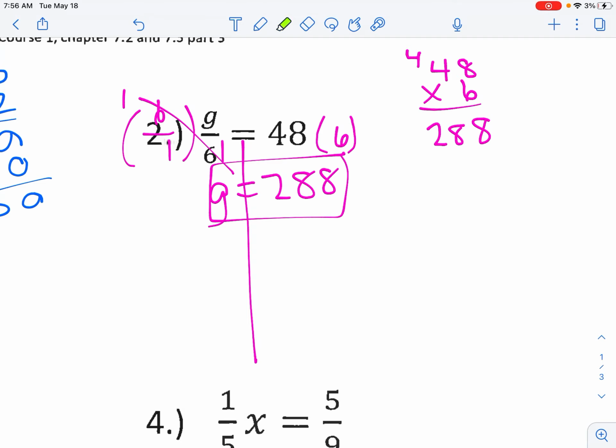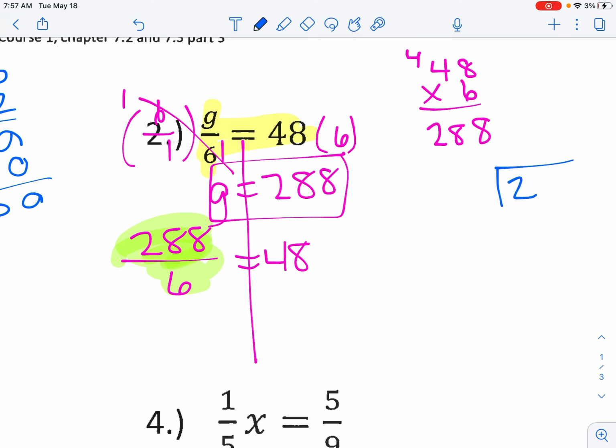Next, substitute. Substitute is when you rewrite the original equation, but you're going to substitute your solution for your variable. So is 288 divided by 6 equal to 48? So this is the math that you have to show me out to the side. So I'm going to divide 288 by 6 to prove that I'm correct.